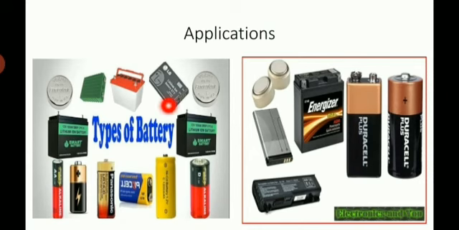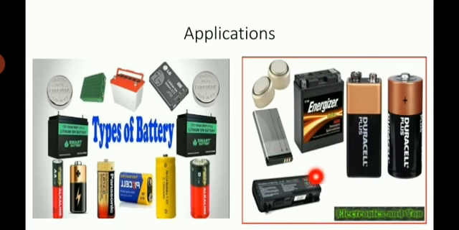As you can see, a number of batteries are shown in these images, starting from the small cell that we use in our wristwatch and small electrical toys. Then moving towards the batteries that we use in mobile. This is the battery we use in mobile, and this kind of battery you can see in two-wheeler and four-wheeler.